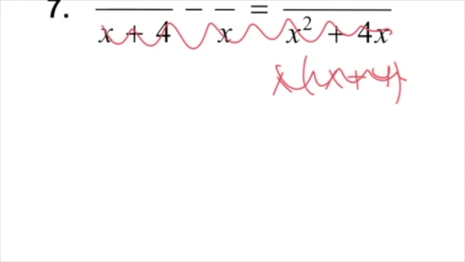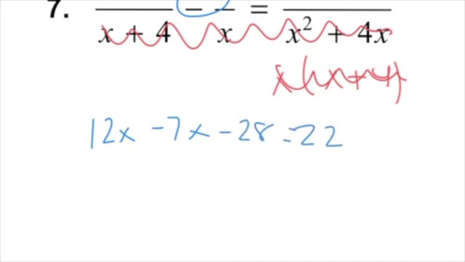And we multiply. Let's change colors here. 12 times x is 12x. Now we have to be careful. This is actually a negative 7. So it's negative 7 times x is negative 7x. Negative 7 times 4 is negative 28 equals 22. 12x and negative 7x is 5x minus 28 equals 22.